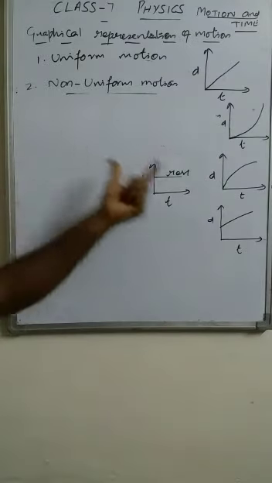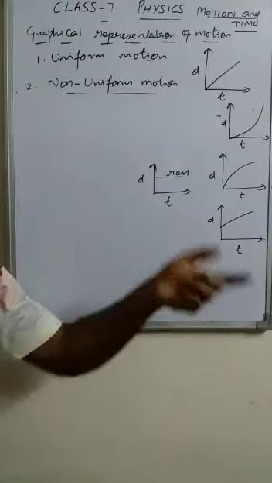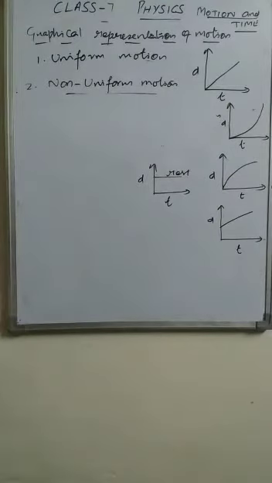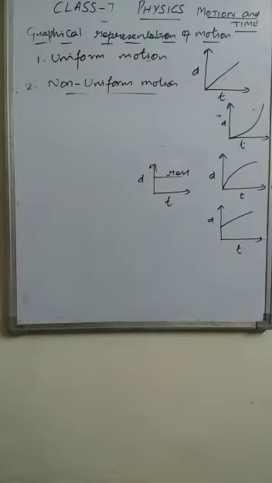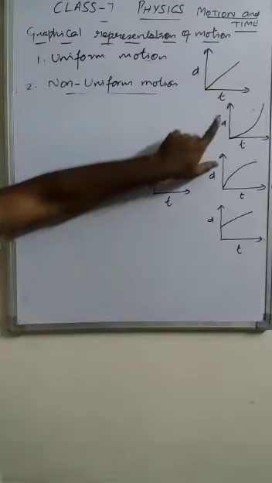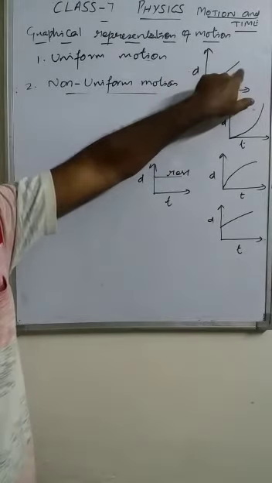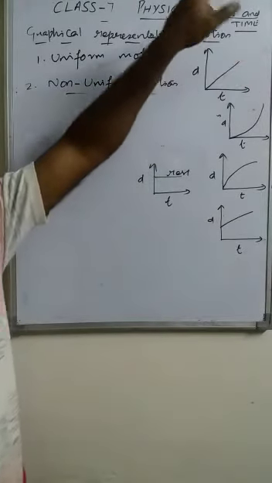Here we plotted these graphs by taking the values, but it is not necessary that the values will always be given. Without values also, a graph is given like this. A distance-time graph, a straight line is given. What is this graph showing?